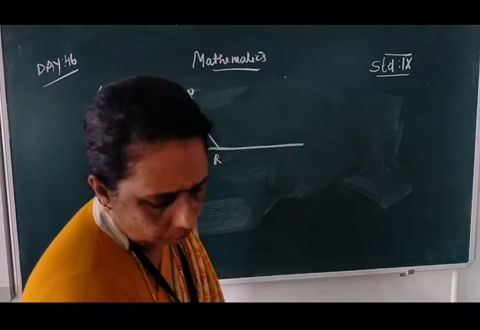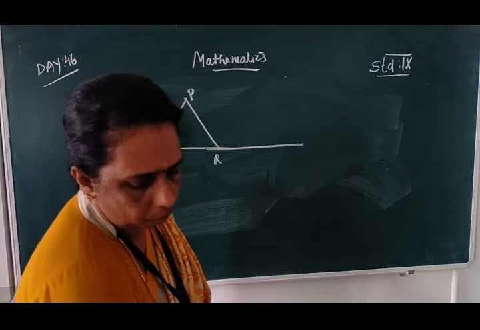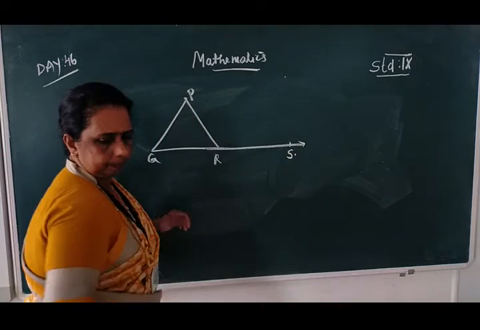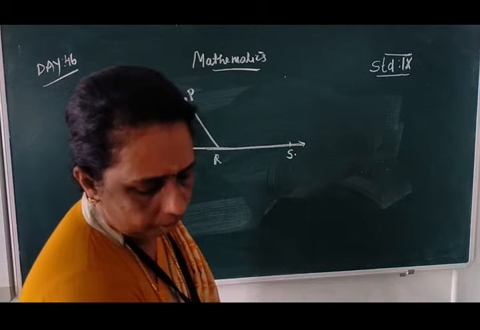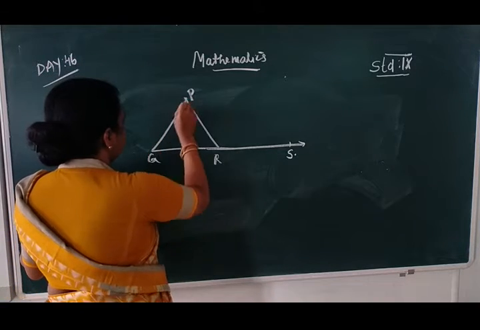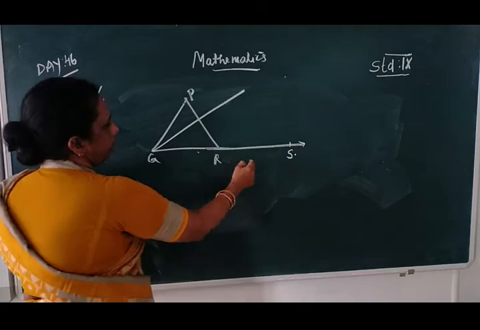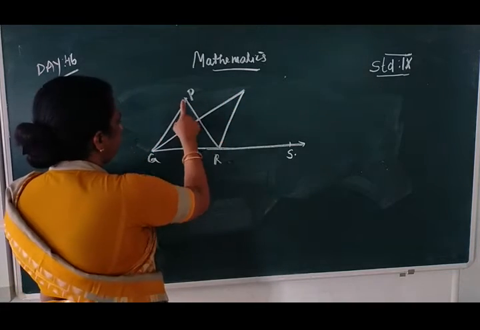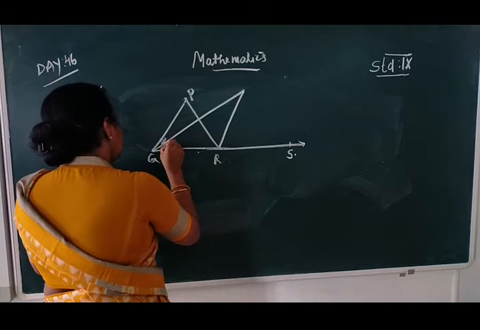Consider triangle PQR. QR is produced to the point S. If the bisectors of PQR and PRS meet at the point T. Bisectors mean these two angles are equal.